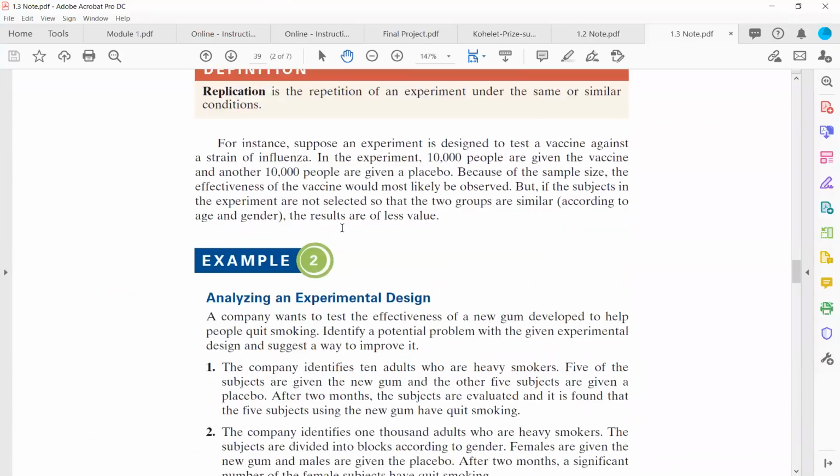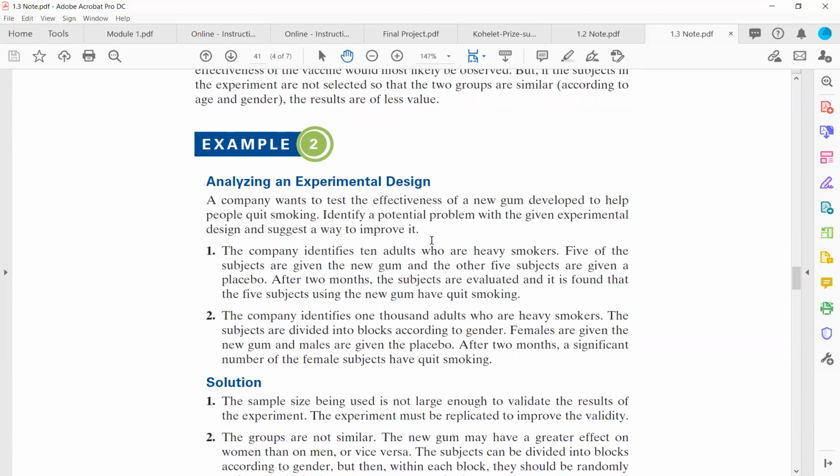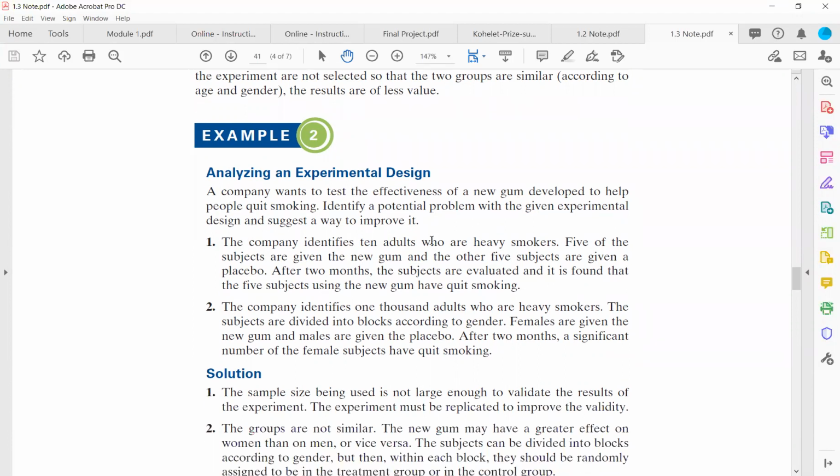Let's take a look at one example. Example 2. Analyzing an experimental design. A company wants to test the effectiveness of a new gum developed to help people quit smoking. Identify a potential problem with the given experimental design and suggest a way to improve it.